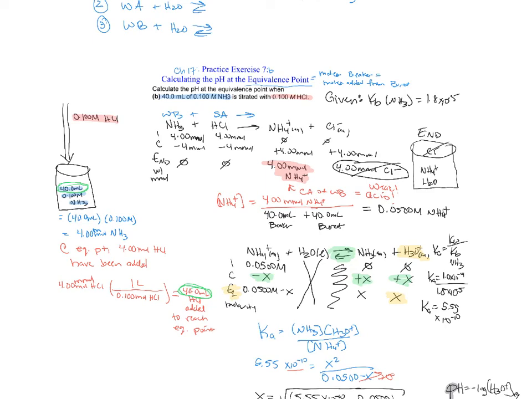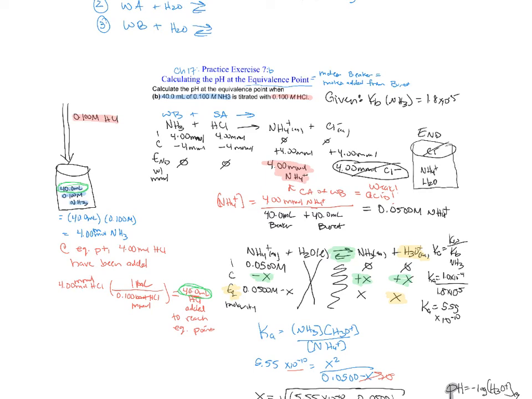And that conversion then is milliliters for millimoles. Sorry, I had that written down wrong, but it did not change the math. So we have 4 millimoles of ammonia, which means I've got 4 millimoles of HCl, which resulted in 40 milliliters of HCl added to reach the equivalence point.